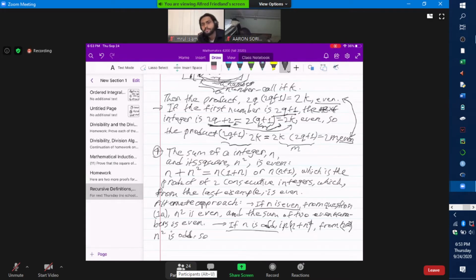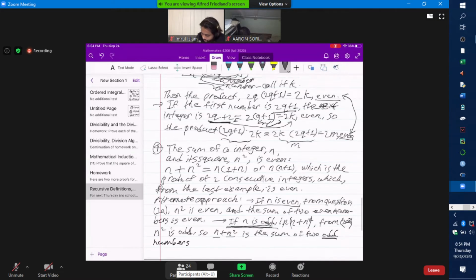So n plus n squared, I'm talking about over here, if n is odd, then this is the sum of two odd numbers. Right, I'm saying if n is odd, then n is odd, and we proved that if n is odd, n squared is odd.